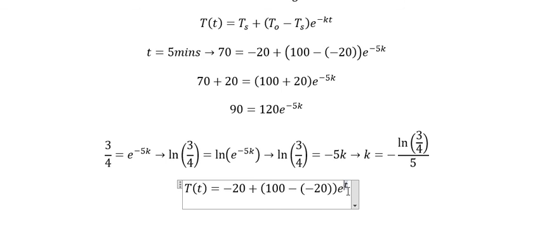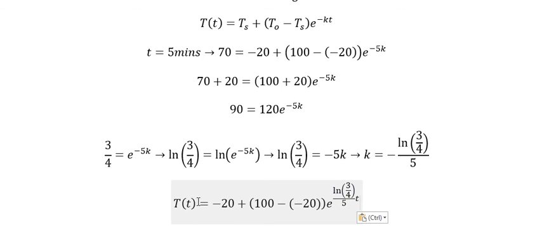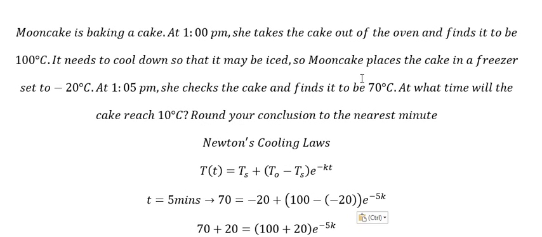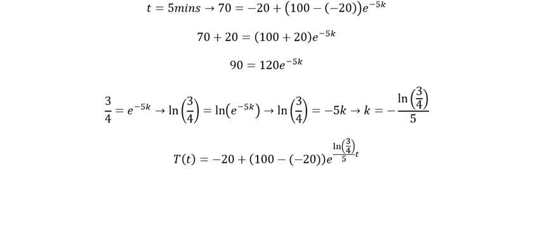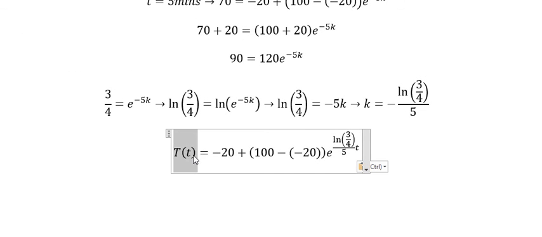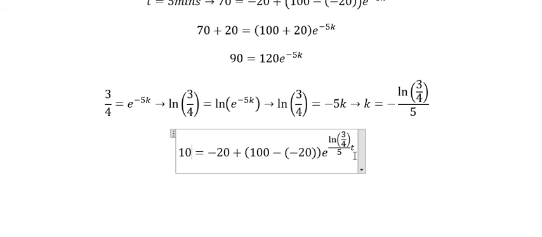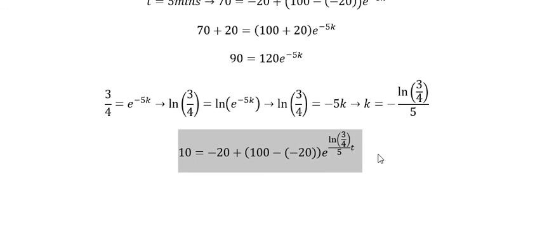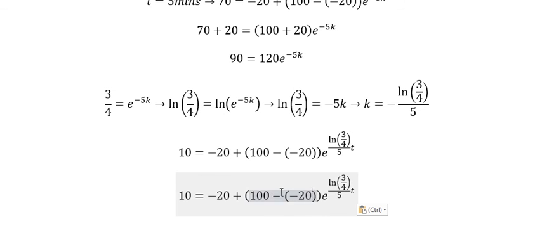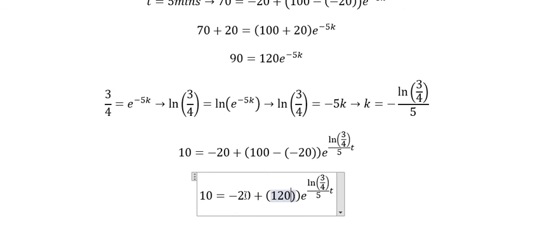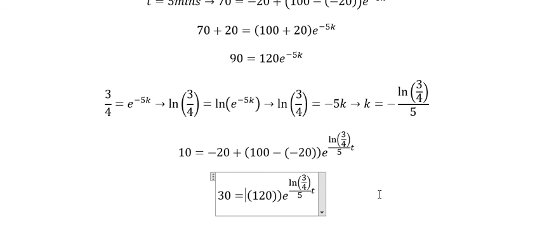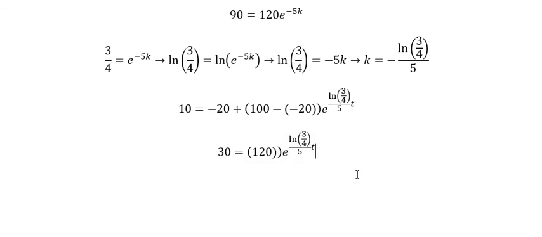So the temperature, we know that's 10, so we put 10 in here. So we can find the value of T in here. This one we got 120. Negative 20 we put on the left, you got 30. Divided by 120, you got 1/4.